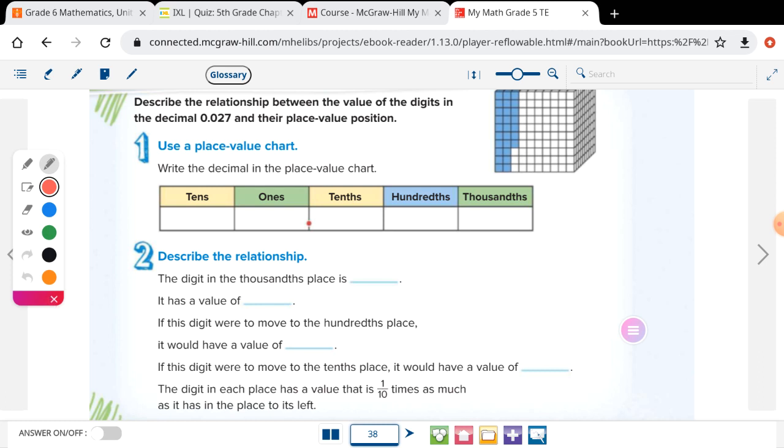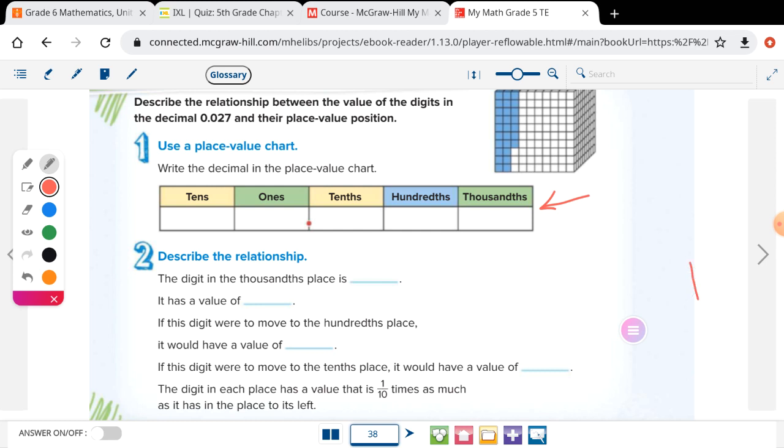If I gave you empty boxes and you couldn't fill in tens, ones, tenths, hundreds, thousands in the proper spot, that's something you need to memorize, okay? It should be up here already. If it's not, there is one right there on page 38 for you to refer back to tonight while you're doing your homework.